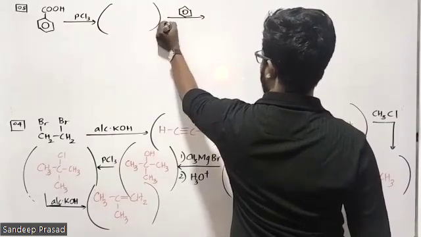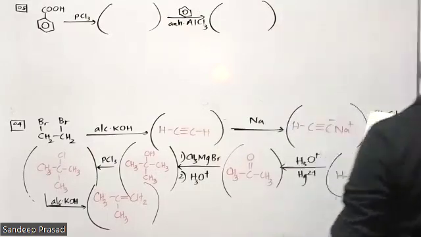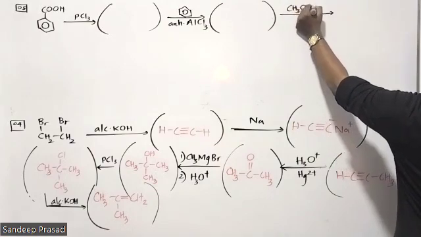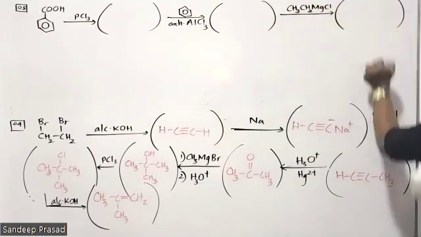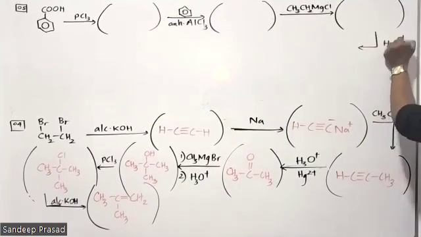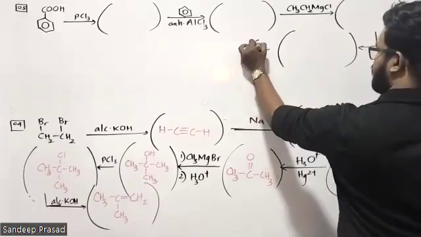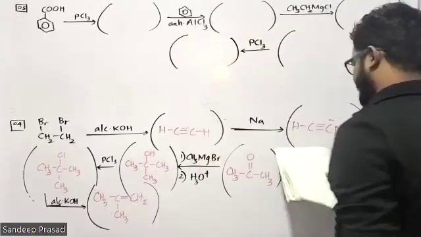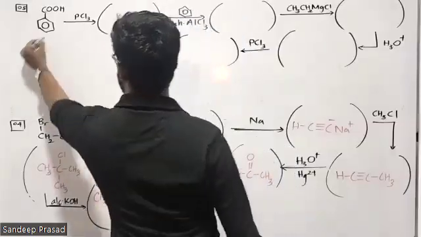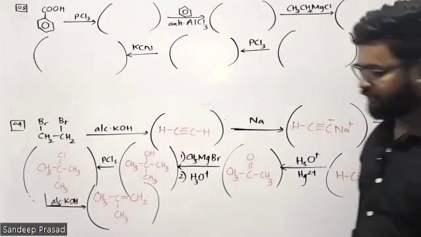So here we are adding benzene and anhydrous aluminium trichloride. CH3, CH2, MgCl. And then we have added H3O plus. PCl3. So this is the fifth one.